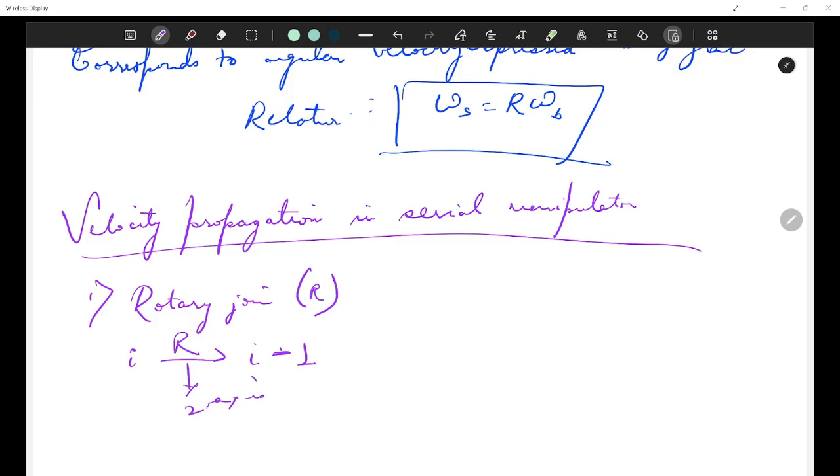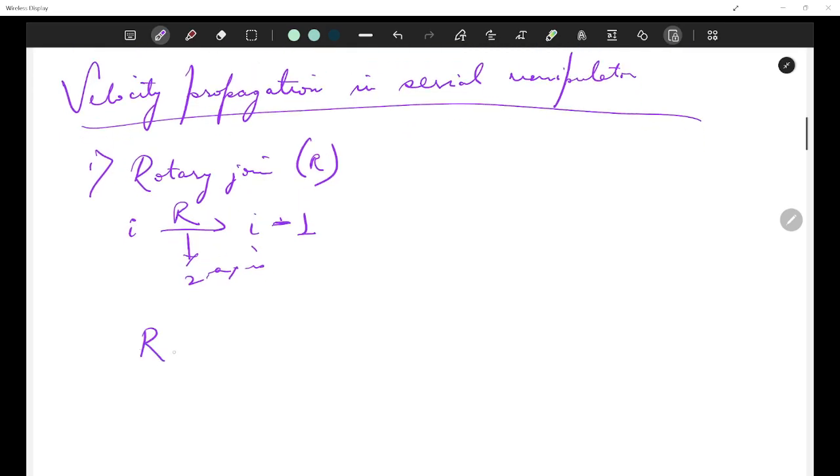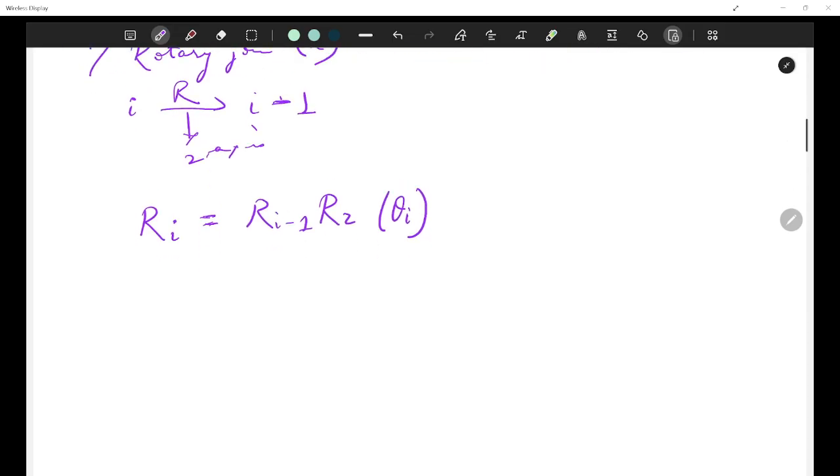Okay, so what would be the rotation matrix? The rotation matrix for the ith link would be the rotation matrix of link i minus 1 into rotation about the z axis by angle theta i. Okay, so after this you might have seen we differentiate it and later we finally arrive at this thing.